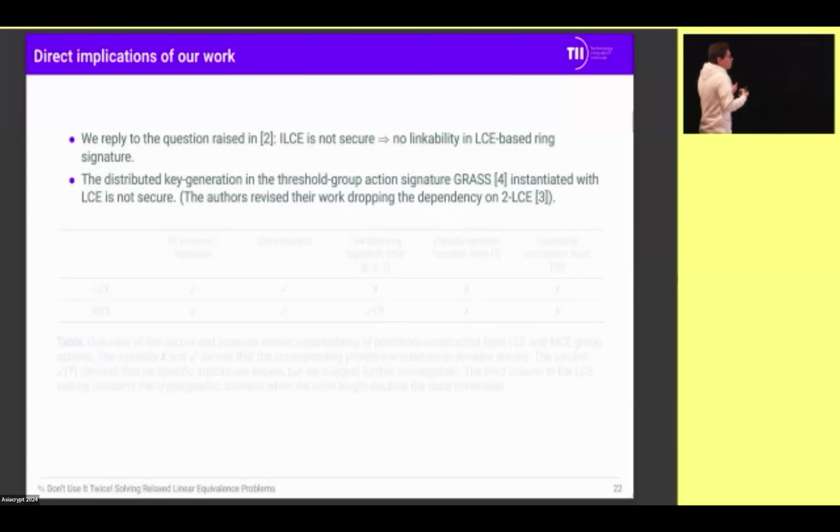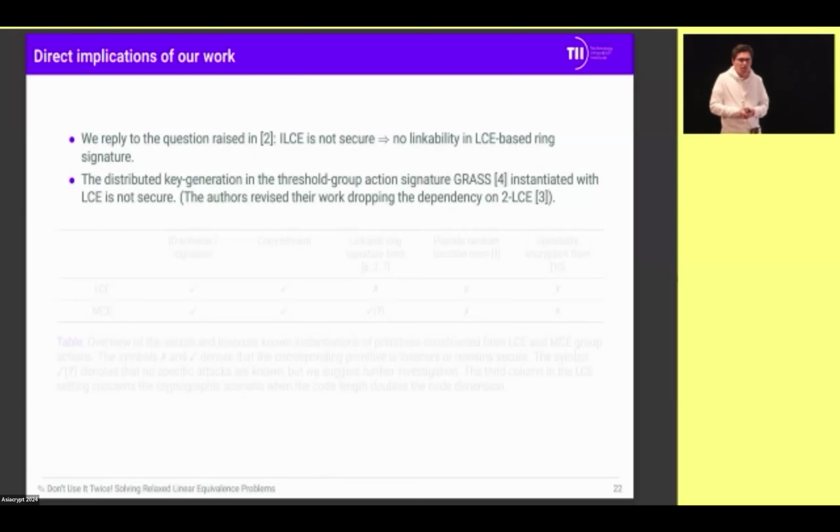So now, what are the implications concerning cryptographic constructions? As mentioned, there was this problem ICE, which was just proposed, but the authors at that time only suggested that if the ICE is secure, then you can construct a linkable signature. But it was left open whether that problem was hard. We show that it's not the case, that it's weak, it's solvable in polynomial time.